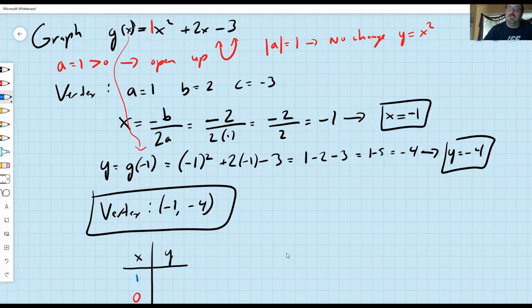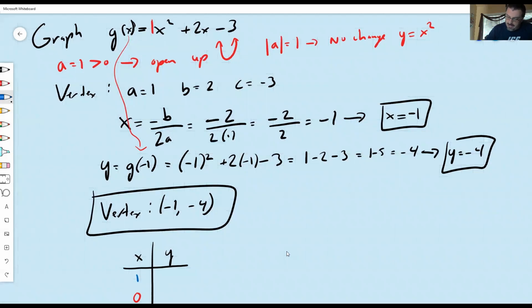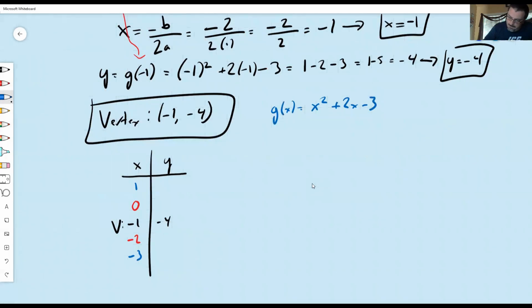So let's go back to our equation. There's our original equation there. Let's write it down here so we can see it. Okay, so it's going to be 1 squared plus 2 times 1 minus 3. 1 plus 2 minus 3.